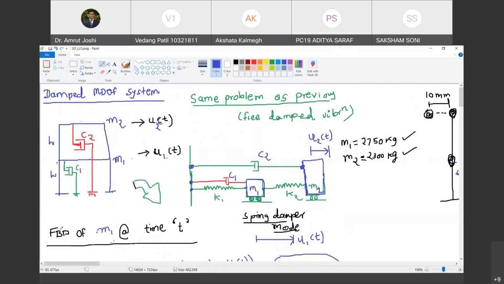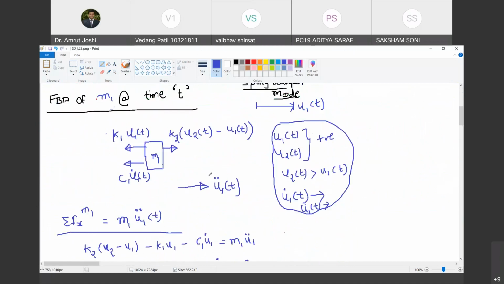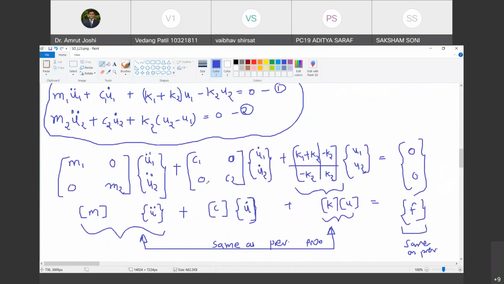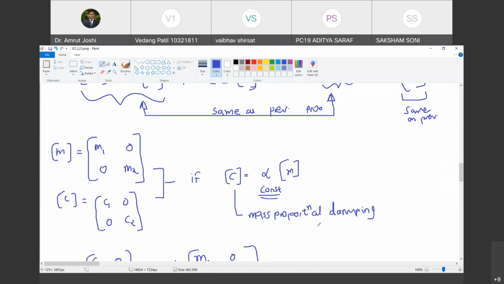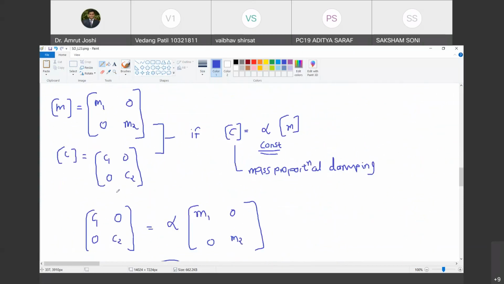Okay, so in the last class we saw this 2 degree of freedom system where the damping force was prevalent between M1 and ground and between M2 and ground. We derived the equations of equilibrium and saw that this case leads to a stiffness proportional, mass proportional damping case, provided certain conditions are satisfied.